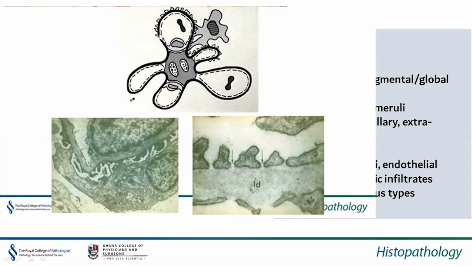So we are well aware of the fact that the glomerulus is a sieve which filters the blood and prepares a filtrate, a glomerular ultrafiltrate, which goes into the Bowman's space and is eventually converted, through its passage through the tubules, into the urine.